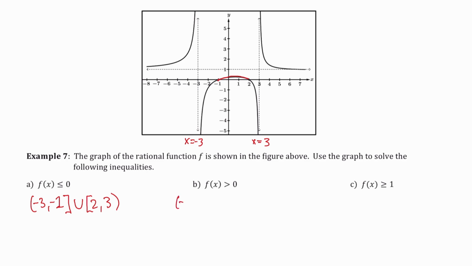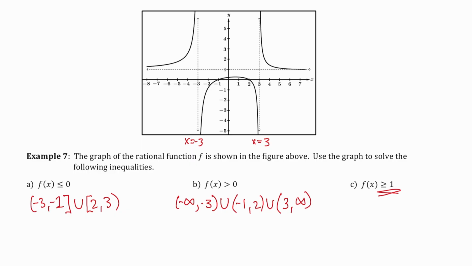So that's going to be -infinity to -3, don't include. Union, don't forget about this right here. We're not going to include that since we're looking at greater than 0 only. So -1, 2, and then union 3, don't include, and then to infinity.